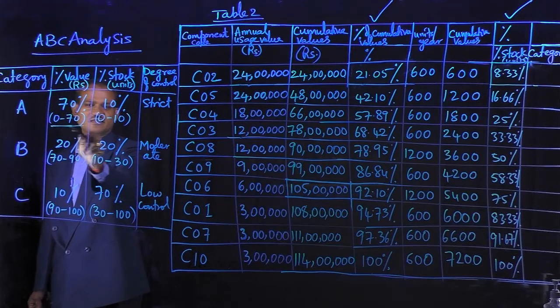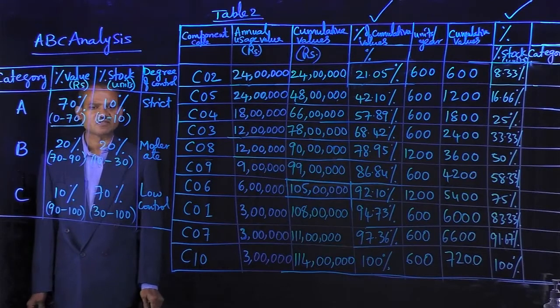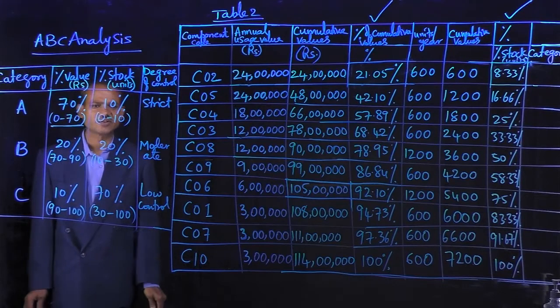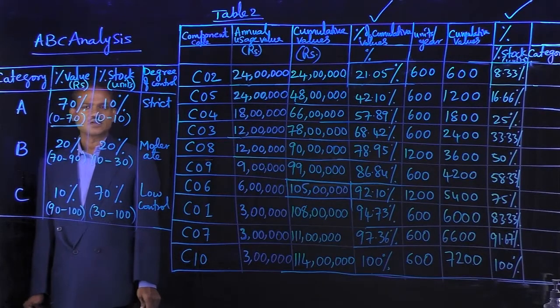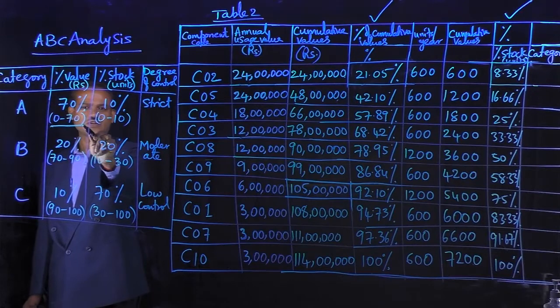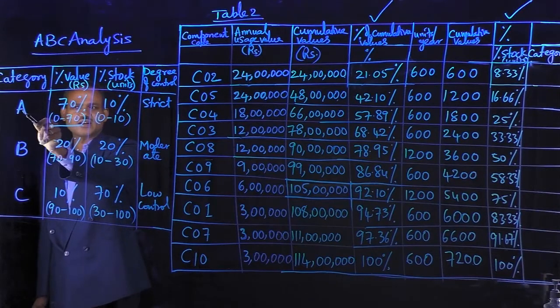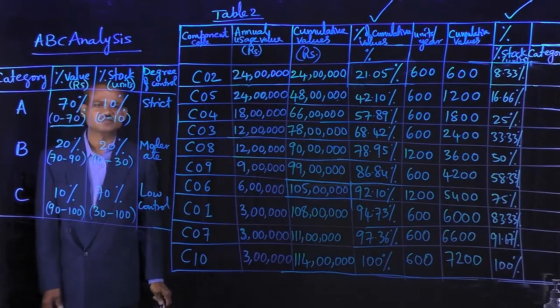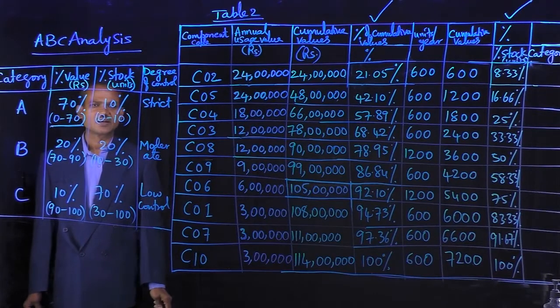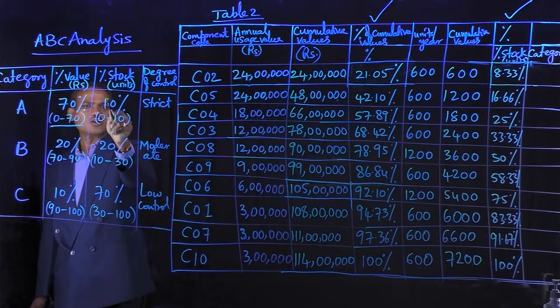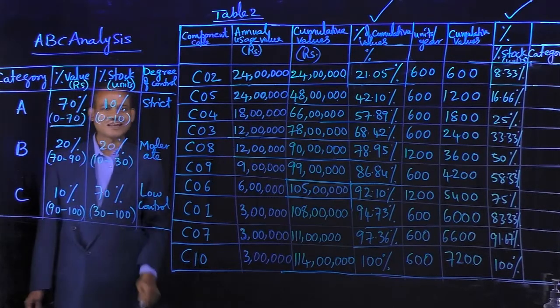This range for A class items is the cumulative range 0 to 70%. So if the annual usage value lies within this percentage, that item is considered an A class item. In terms of units, that means stock value, we can also say that only a few, a less quantity, of A class items are observed, that is 10%.